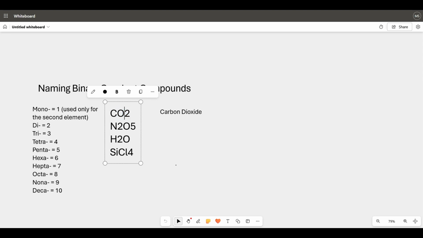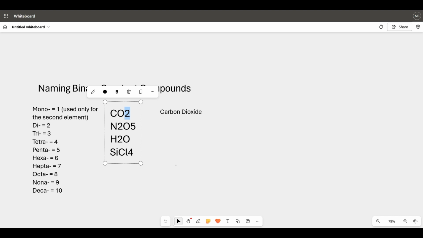And if we know O is oxygen, then we clearly have a carbon and an oxygen. And we also know there's a 2, and all these numbers today will be known as a subscript. A subscript basically means the small number at the bottom right corner that represents how many there are within that one singular molecule.